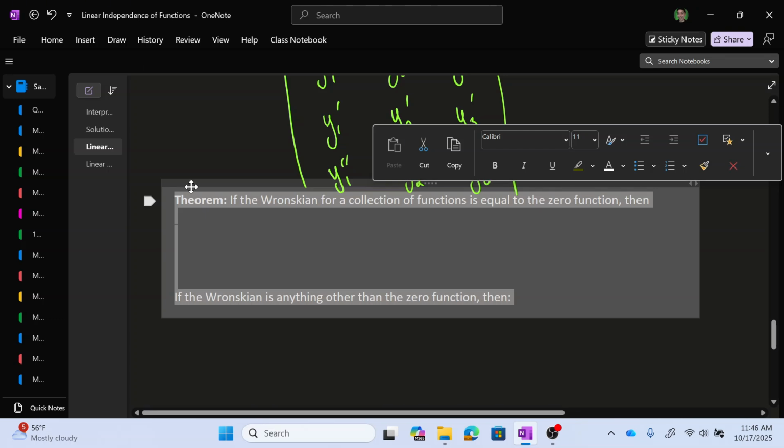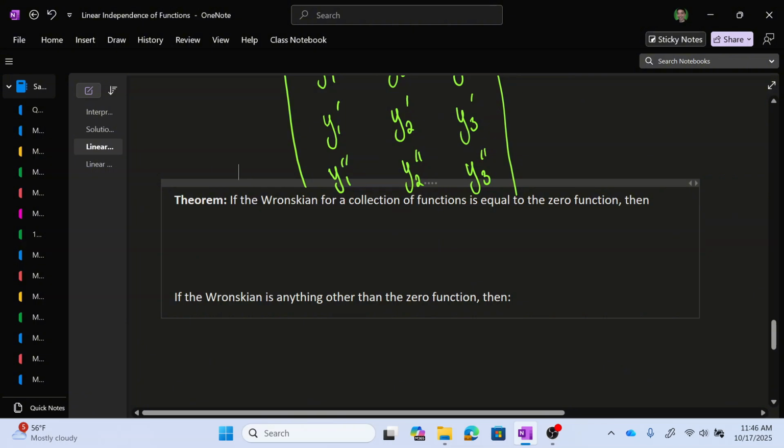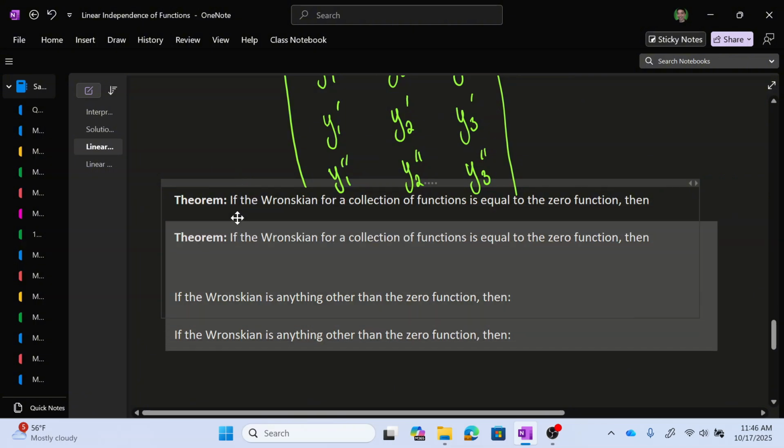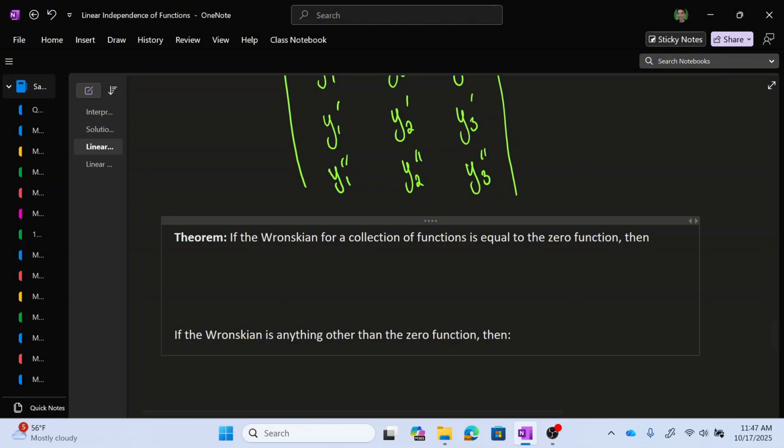Now here is the result that connects the Wronskian to the idea of linear independence from earlier. If you have a collection of functions, you set up the Wronskian for that collection, and you find that matrix determinant. If the result of that calculation is equal to 0, that is the indicator that the functions in your collection are not independent.